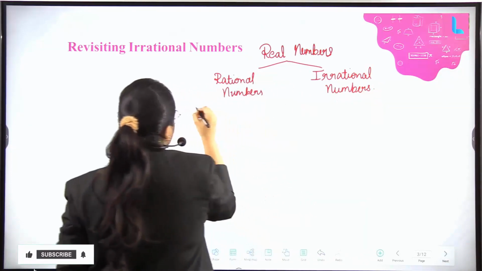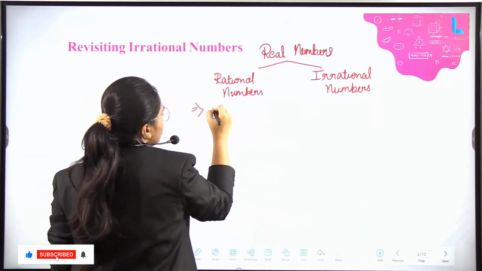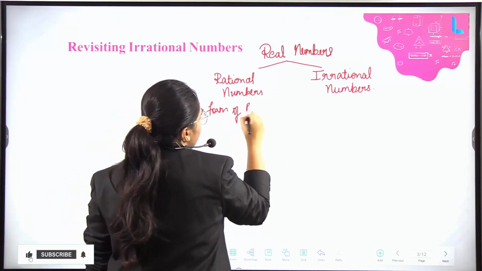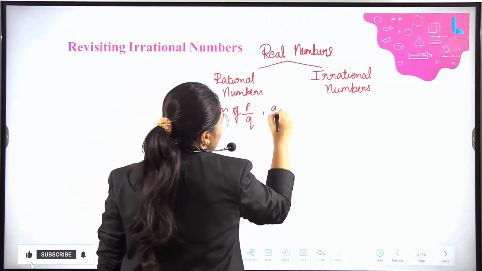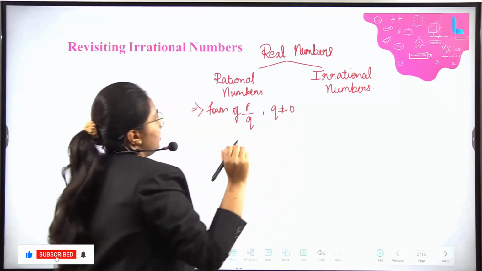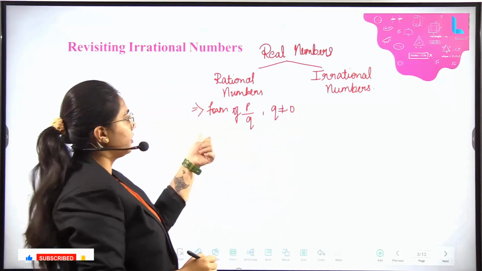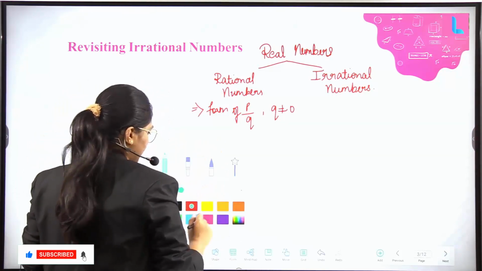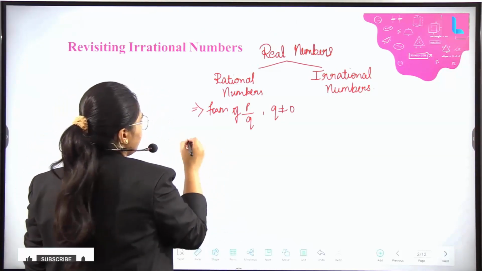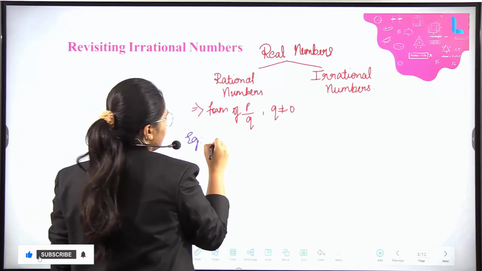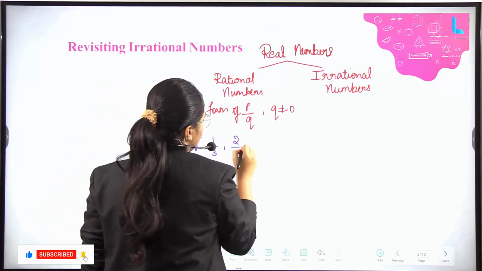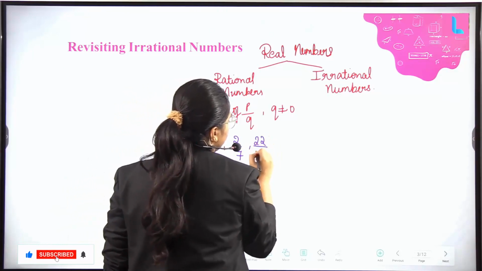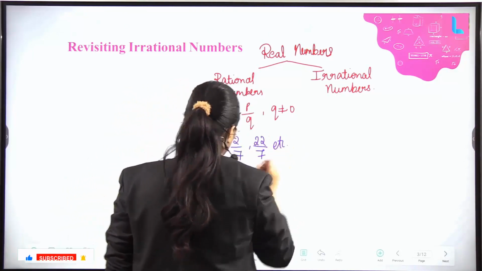What is a rational number? Any number which is in the form of P upon Q, where Q is not equal to 0. Few examples: 1 by 3, 2 by 7, 22 by 7, etc.